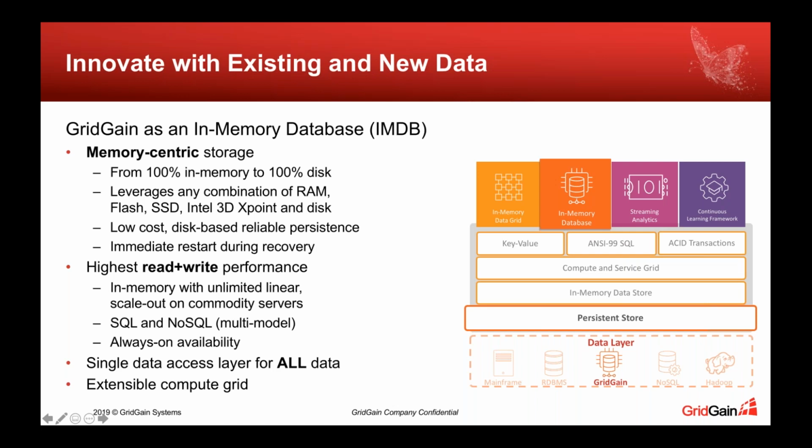You can use this as an in-memory data grid or as an in-memory database. It doesn't matter, but it's a way of backing up your data for persistence, for fast restarts and recoverability. This is how people enable 5 nines of recoverability with Apache Ignite using the persistence.